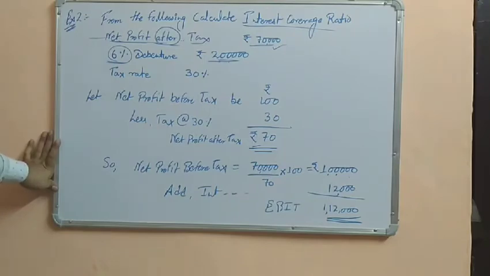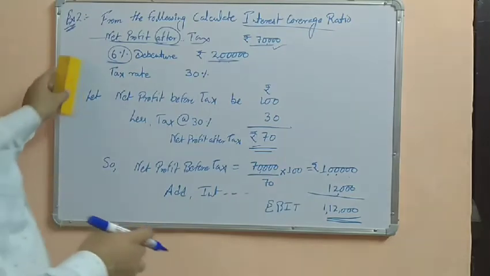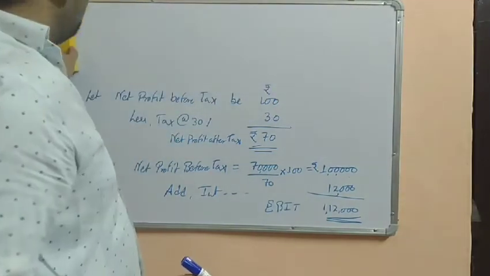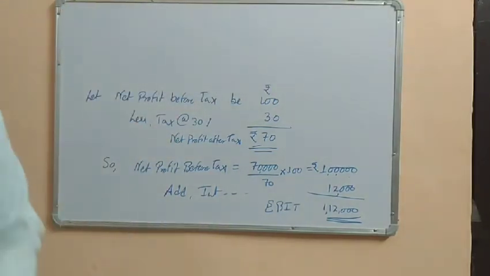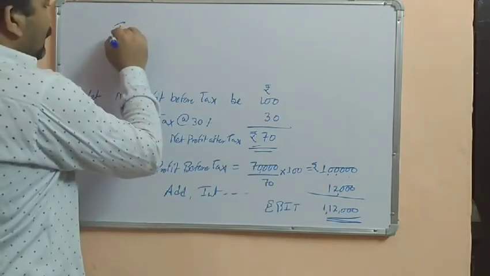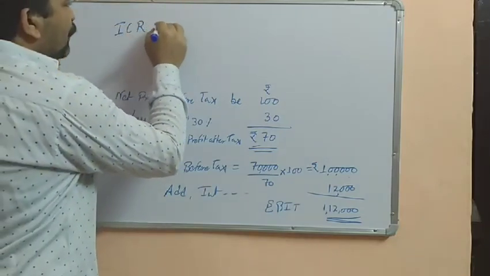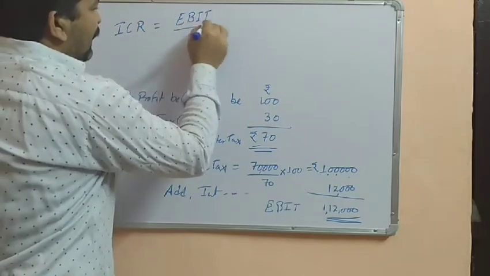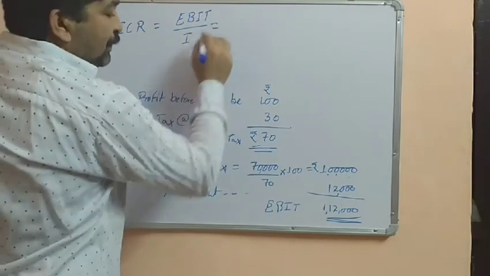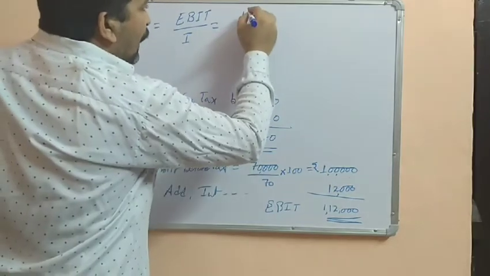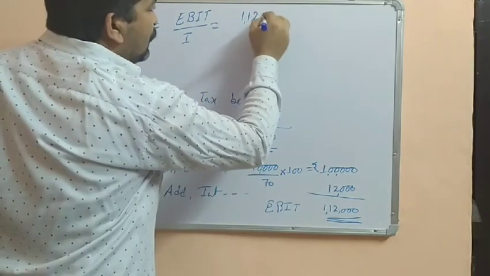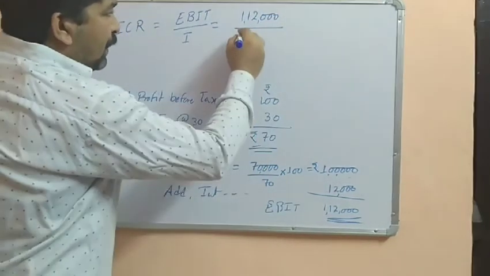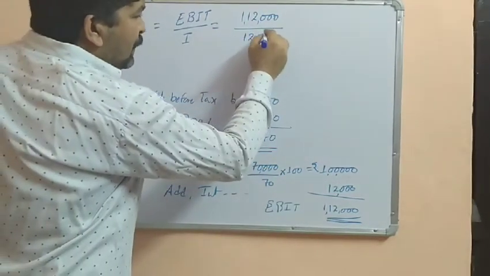Now put this in the formula. ICR equals EBIT divided by I. 1,12,000 divided by the interest, which is 12,000.